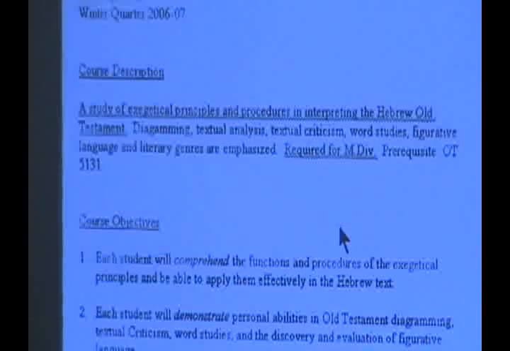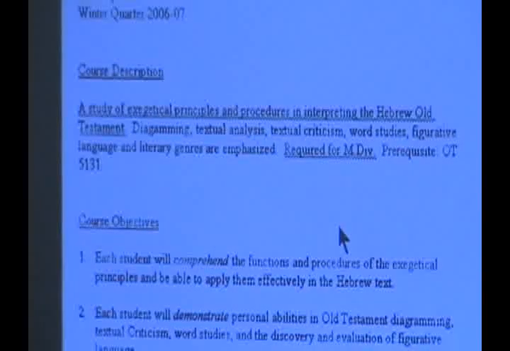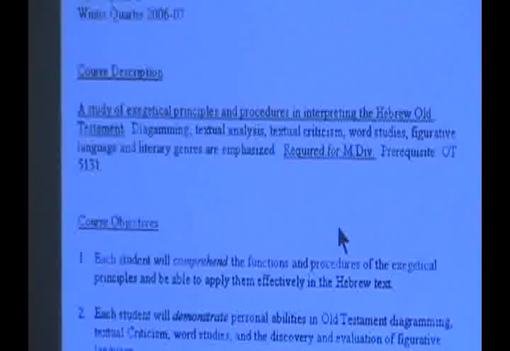Figurative language. We will emphasize figurative language. Figurative language is of two kinds, we shall see. One is the common kind, like simile, metaphor.